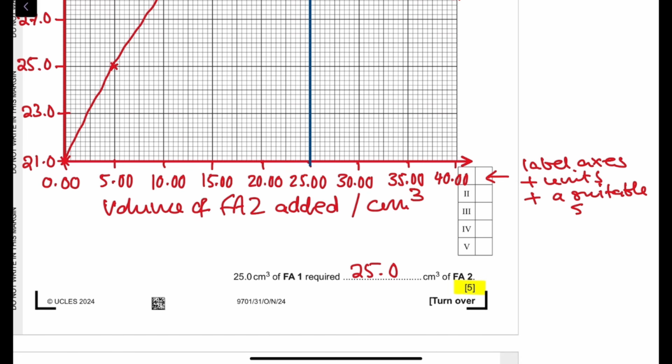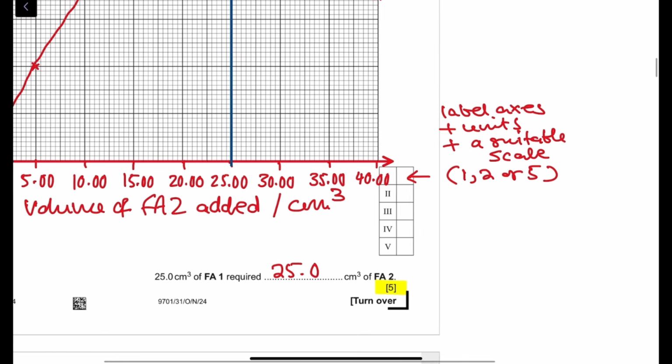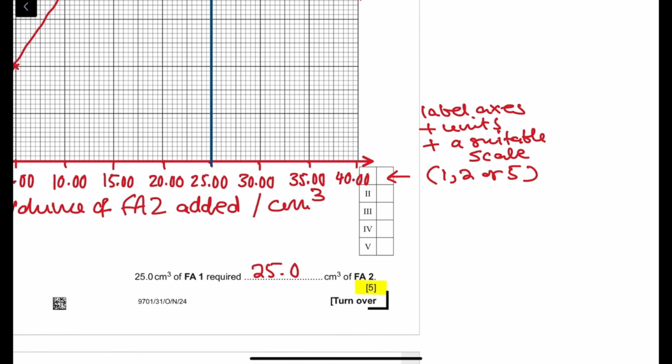The scales that would have been accepted here are increments of 1, 2, or 5 per 20 small squares. Then our second marking point is for accuracy in plotting, and that is ensuring your points are in the correct places.